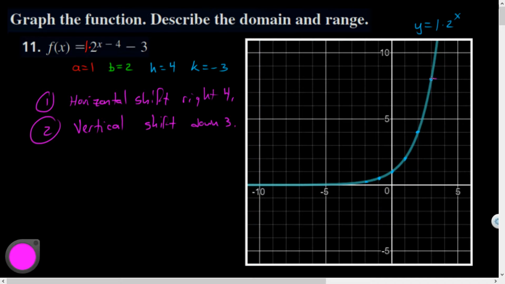I'm going to go over 4, and that's right off my graph, and down 1. Here's my new point. For this one, over 4 and down 3. And here's that point. Over 4 and down 3. Here's that point. And I'm getting my new points.